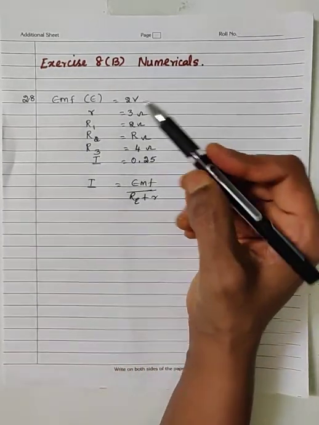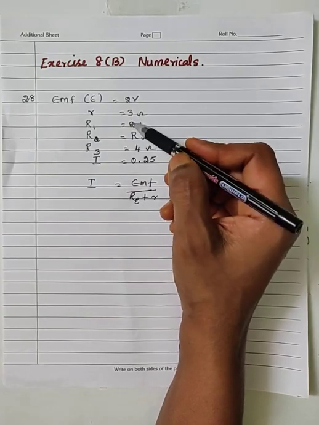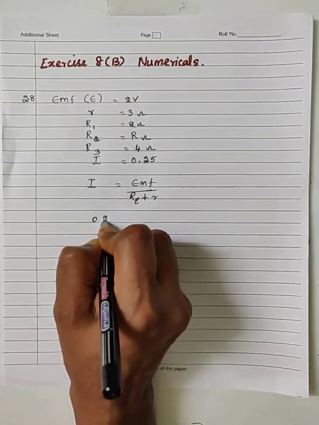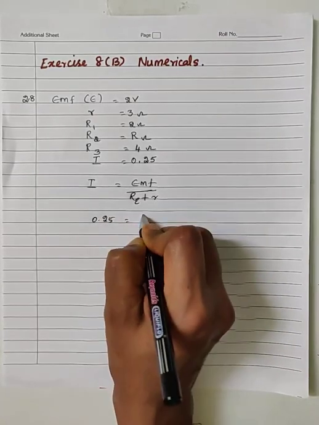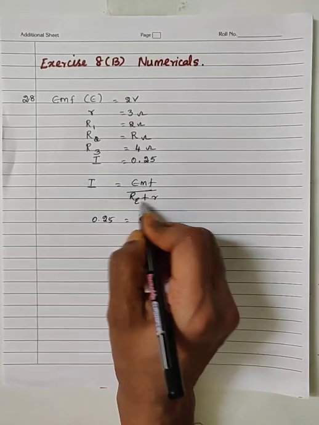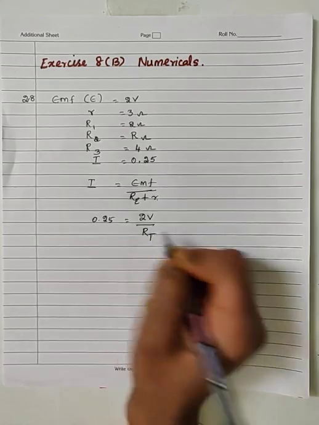Here the resistors R1 and R2 are connected in parallel. If I substitute the current as 0.25, which is given, and EMF as 2 volt, Re plus r, that is external resistance plus internal resistance, is equal to the total resistance RT.